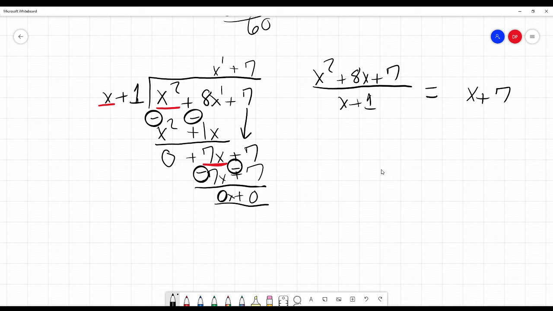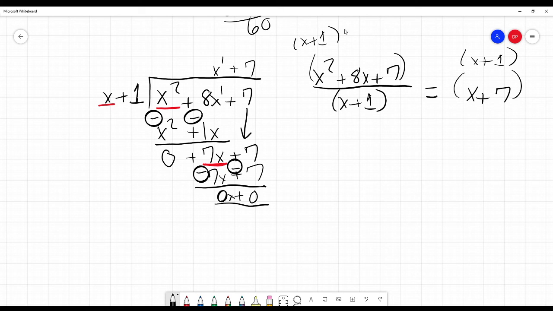Okay, so if you imagine here for a second, you'll figure out that we could have factored this. Imagine I do a little bit of algebra and multiply both sides by x plus 1. Of course you would imagine there are parentheses around the x plus 7, because if you're multiplying the whole right side by x plus 1, you need to use parentheses.